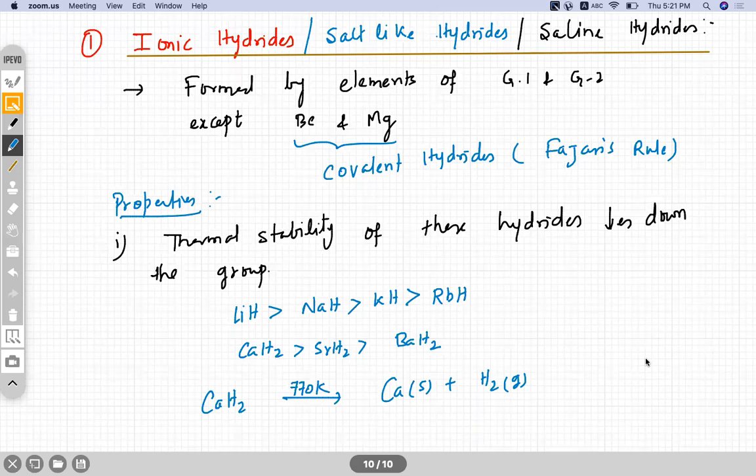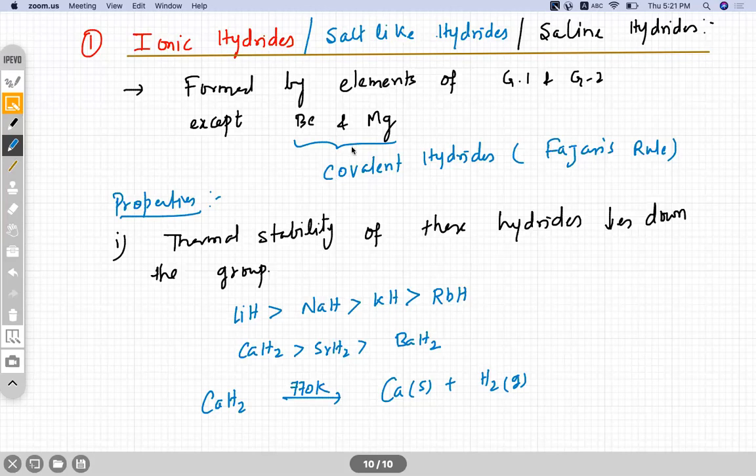Stability. Yeah, group 2 hydrides are slightly more stable.